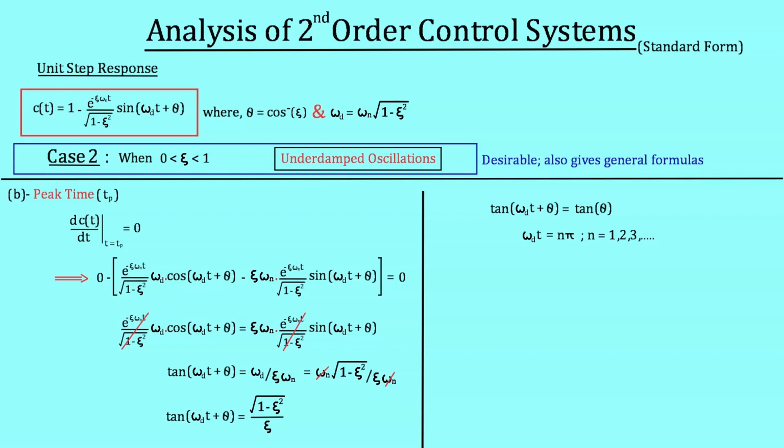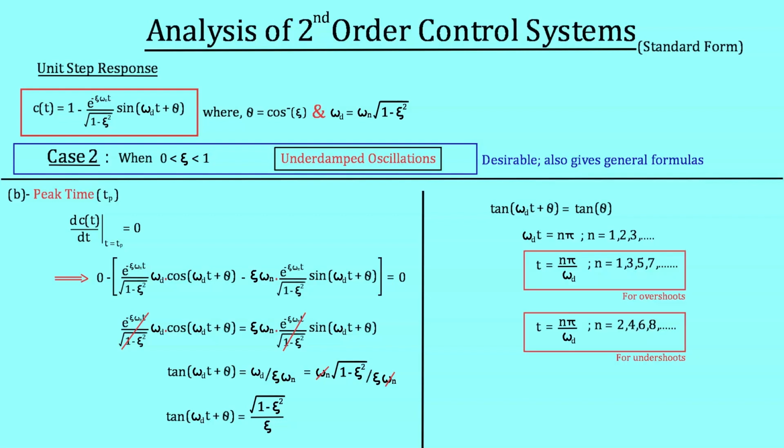And also in the graph you have seen there are many maxima as well as minima. For the values of time for different maxima, we have to put n equal to 1, 3, 5, 7, which are odd values. Similarly, for finding the different values of time for different minima, we have to put n equal to 2, 4, 6, 8, which are all even natural numbers.